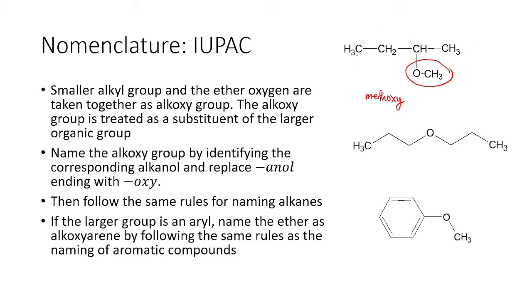So how about this one? As the rule states, we'll be following the same rules. And since we treat this group as a substituent, it just means that we will be assigning the lowest possible position number. So, pag dito tayo nag-start, that will be 1, 2, 3.